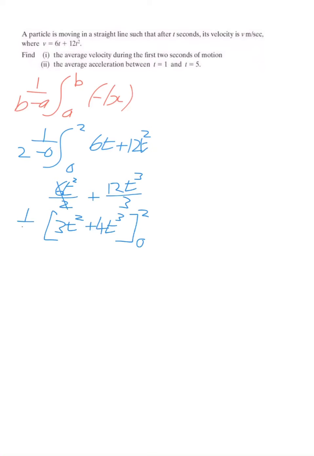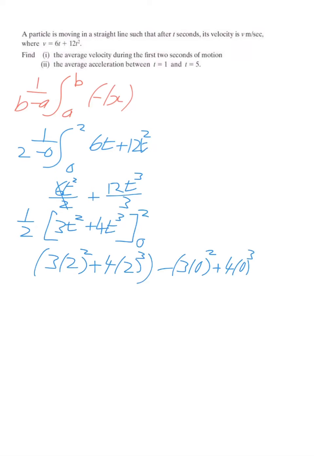Then as well I have the half on the outside. Okay, so let's sub in 2 and 0 into this. So first of all, putting in 2, so we have 3 times 2 squared plus 4 then times 2 cubed. Minus then 3 times 0 squared plus 4 times 0 cubed.